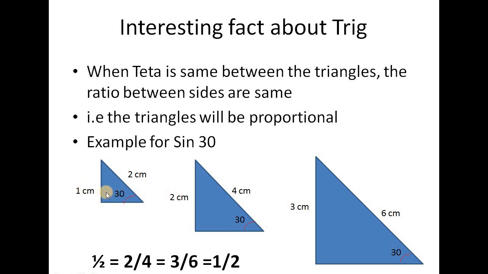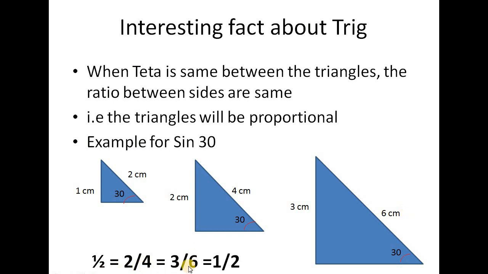And what is the hypotenuse? This is 90 degrees, so the hypotenuse is 2 centimeter. So sine 30 is equal to opposite side by hypotenuse. It's 1 by 2 for the first triangle. Now for the second triangle it is 2 by 4 and for the third one it is 3 by 6.